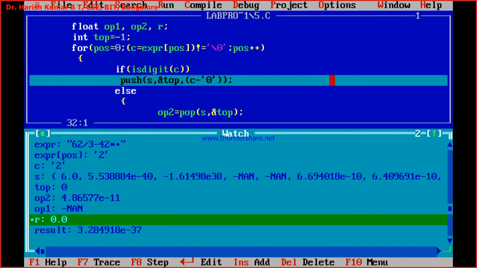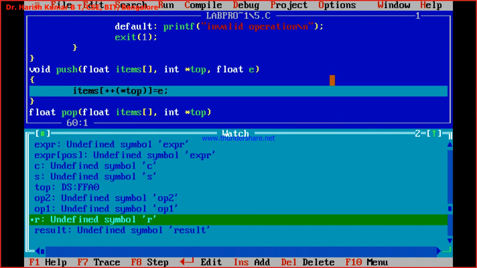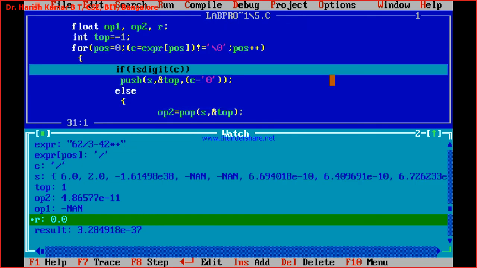Okay, so it is 50 minus 48. Yeah, now I think earlier we went wrong somewhere. So now 2.0. Can you people see this? Yes, sir. So 2.0 got pushed onto the stack.